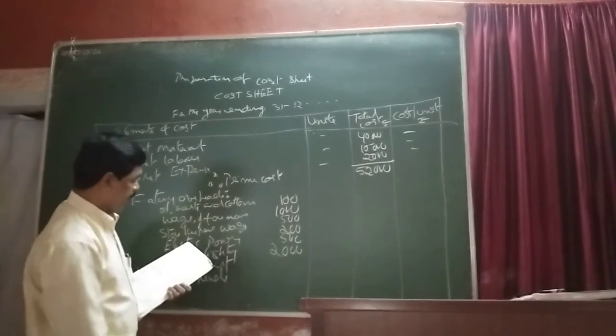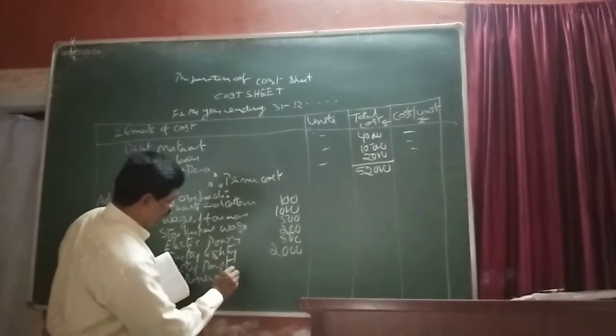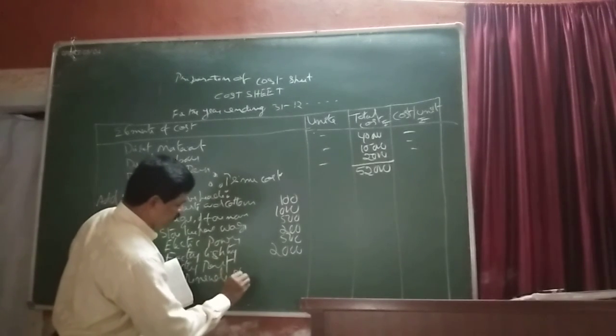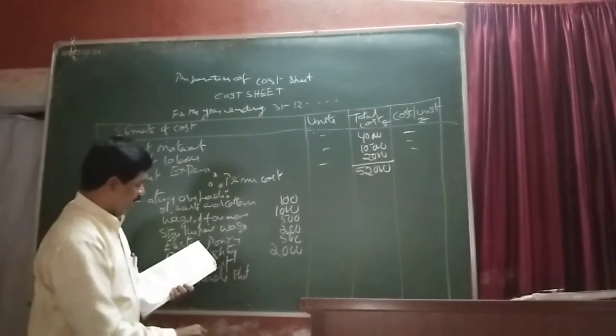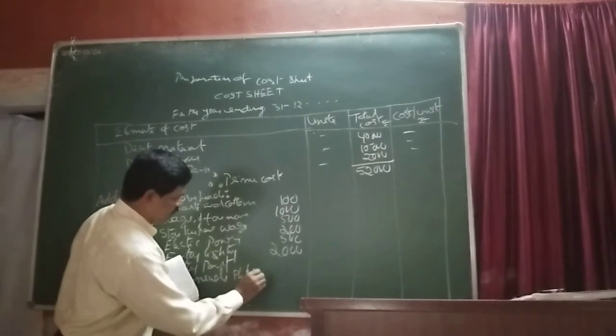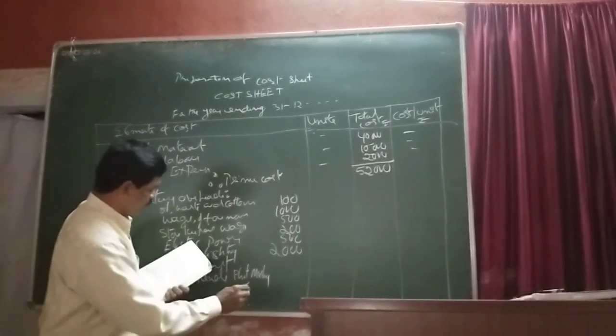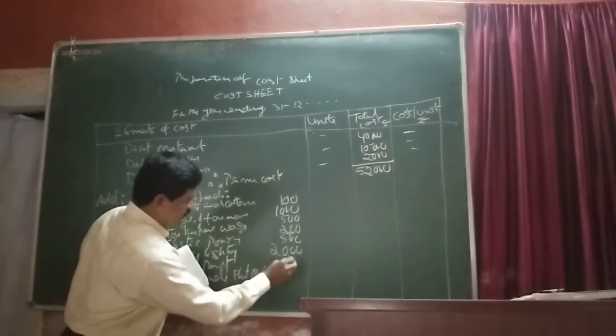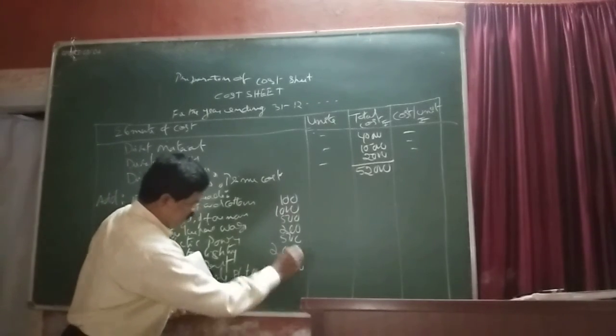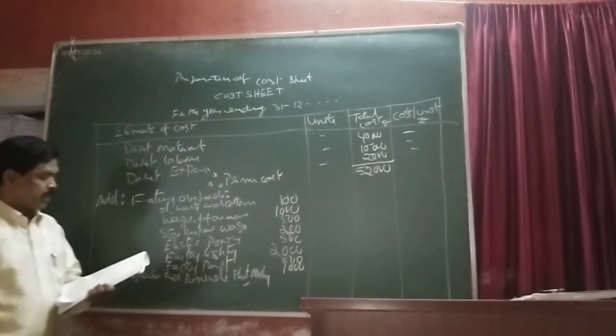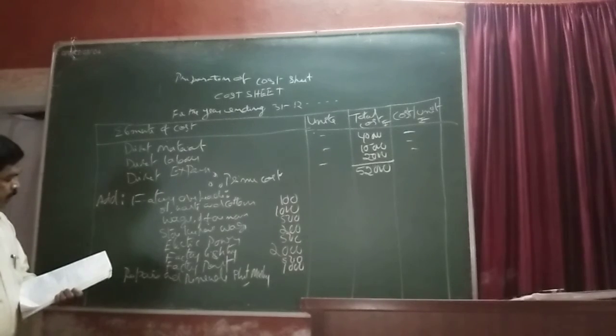One is factory plant, another one is machinery. One is related to the plant, another one is related to the machinery. Here 500 and 1000.